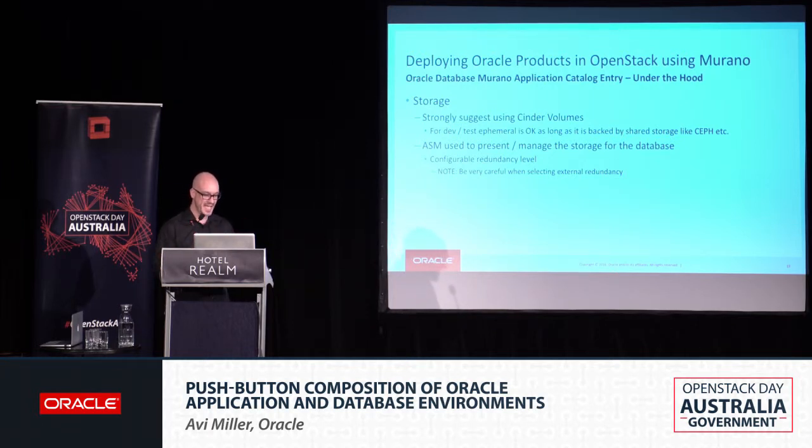Inside the template, we use ASM, and you need to configure the redundancy level. ASM either allows you to use external redundancy, i.e. you rely on your storage array's redundancy, or it will do redundancy for you. So you can actually provision Cinder volumes from multiple storage devices, actual back-end storage, deploy multiple Cinder volumes, and get ASM to do redundancy across those Cinder blocks.